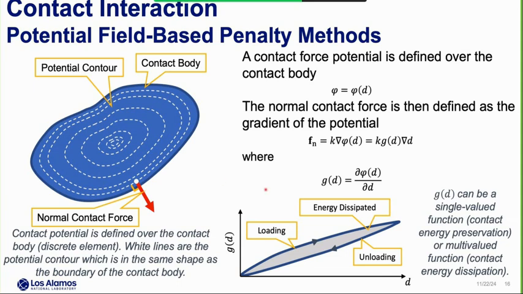For example, we can construct the law without energy dissipation, and if we need, we can also construct the law with energy dissipation, as demonstrated here. In that case, the loading and unloading need to follow different paths, and during the contact process, this model will dissipate some energy.